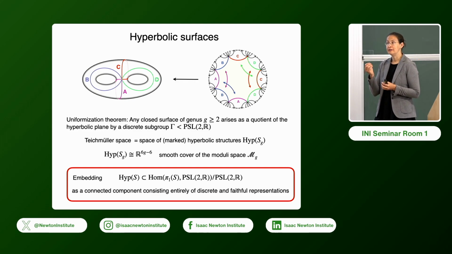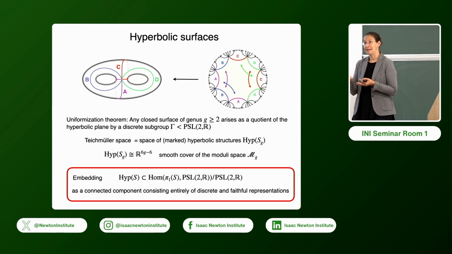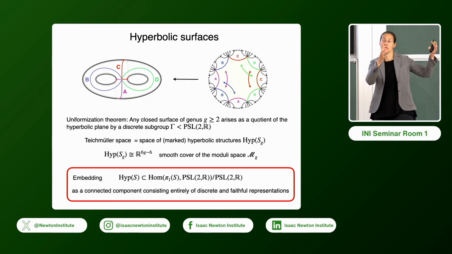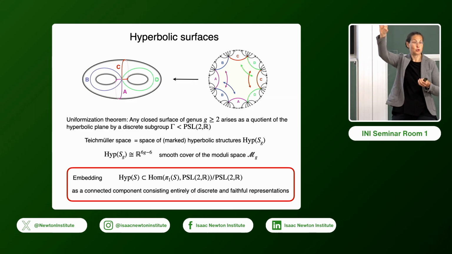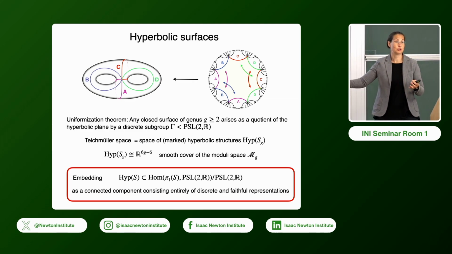One other key point, which I would just like to highlight, even though I'm not going to say much about it: if we look at Teichmüller space, the marking has this nice feature that you can name curves on the surface, which you cannot do in hyperbolic space. So you can pick your topological model of your surface, you pick a curve, and then in Teichmüller space you know this is that curve. And in the moduli space, you just know this curve up to the action of the mapping class group, so you lose some information.